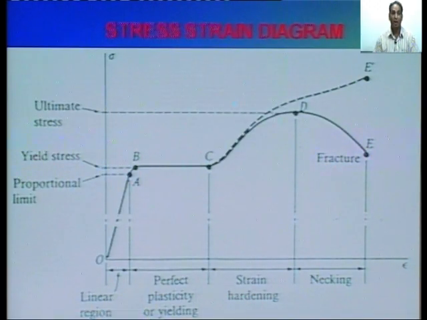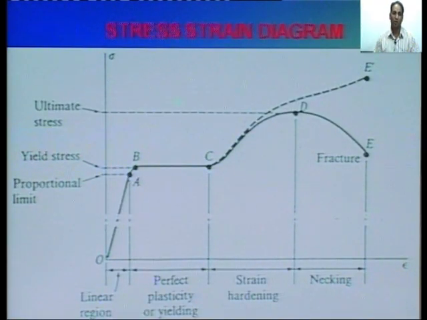It means up to point A, stress is directly proportional to strain within the elastic limit, and then the curve goes from A to B. At point A, we call it the proportional limit, that is the elastic limit. That means the material regains its original shape after removal of loading.